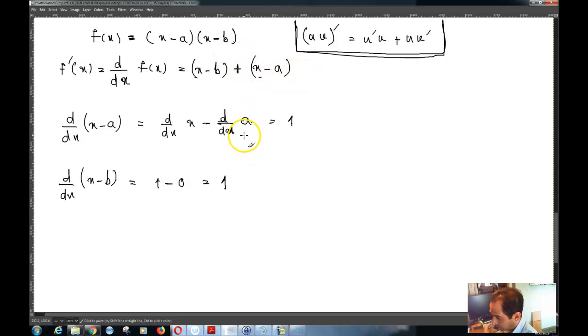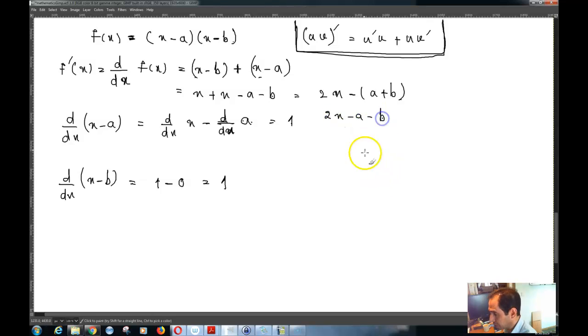Then you have x plus x minus a minus b, which is equal to 2x minus a minus b. Or you can also say 2x minus a plus b, for example.